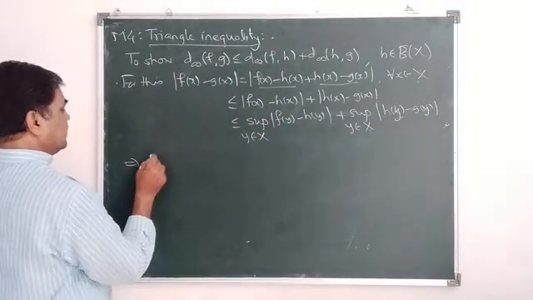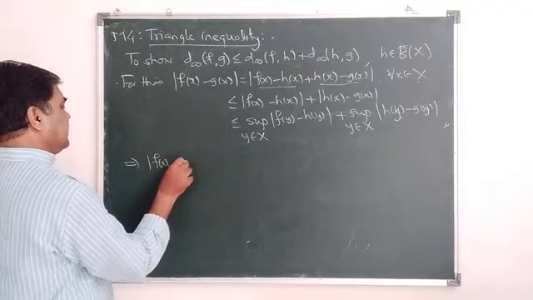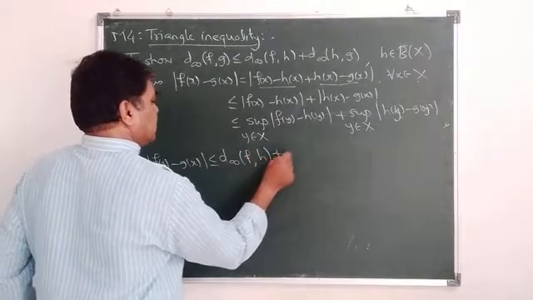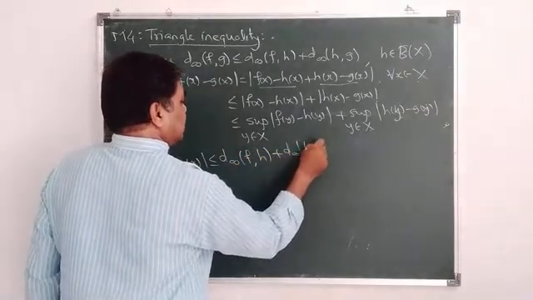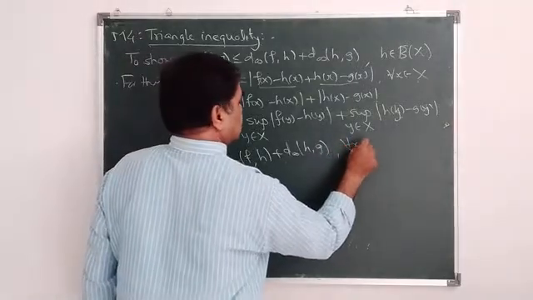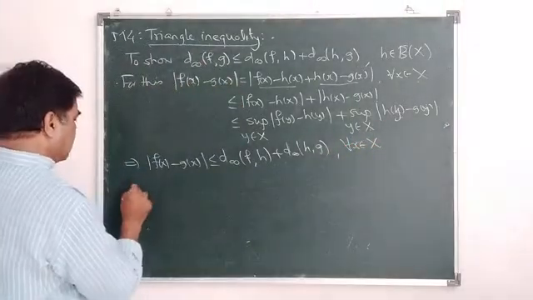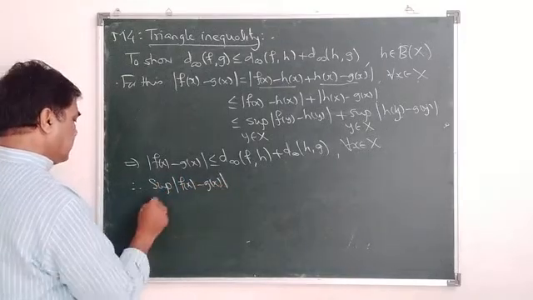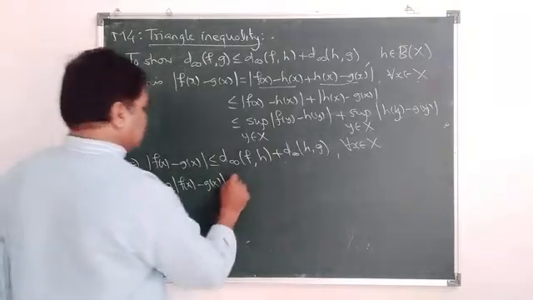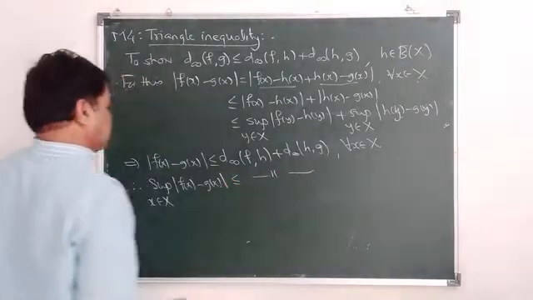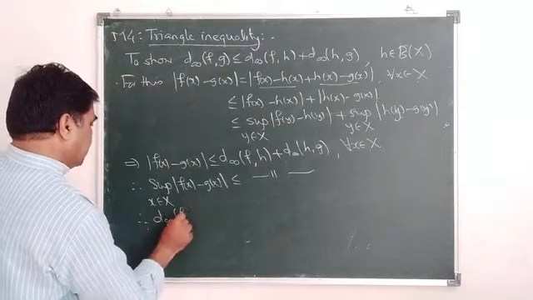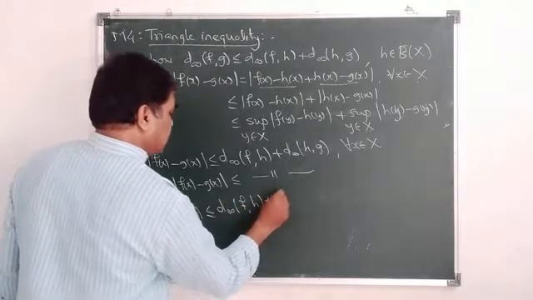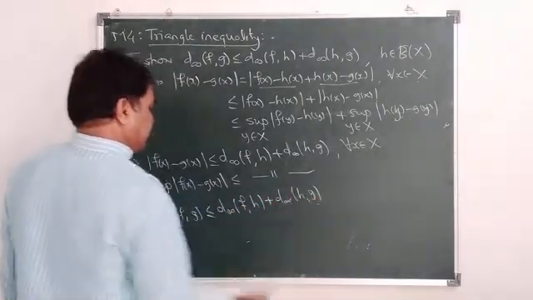This implies mod fx minus gx less equal d infinity of fh plus d infinity of hg for every x belongs to X, and therefore supremum of mod fx minus gx, x belongs to X, this must be less equal this, therefore d infinity of fg less equal d infinity of fh plus d infinity of hg.